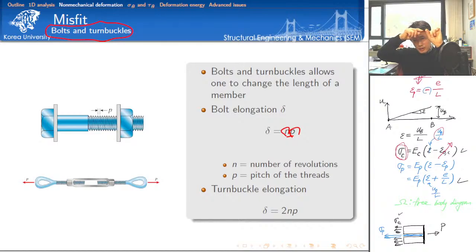But it makes the original length of the pre-stressed tendon shorter than the reference length. That's why it's going to produce a negative non-mechanical strain, okay? So negative is correct. Only Uchari gave me a correct answer.